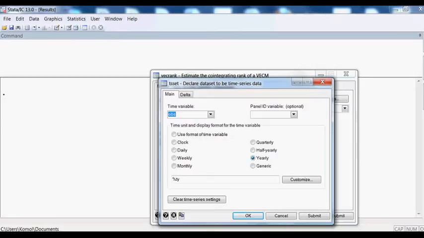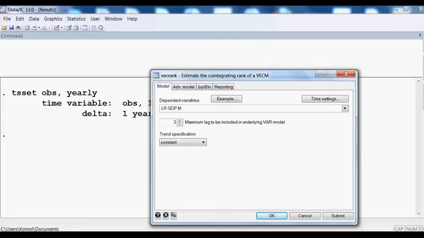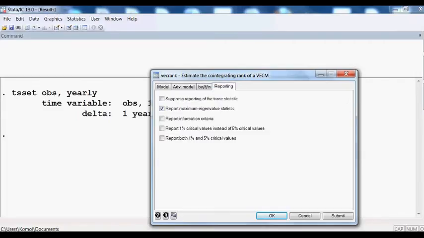Observation, and our data is yearly data. I select yearly, then I press OK, and from reporting I select this one, report maximum eigenvalue statistics, that I select. Okay, then I press OK.